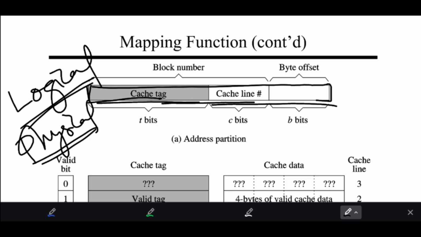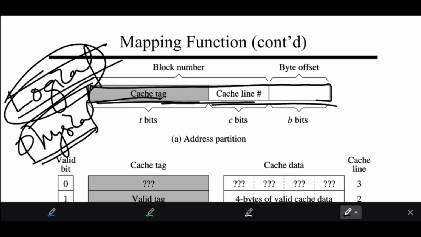For example, there is a room numbered 205 in a hotel. That is the logical address. But if I don't say 205, and instead say the first room from the right on the second floor, then this is the actual physical address, and room number 205 is the logical address.